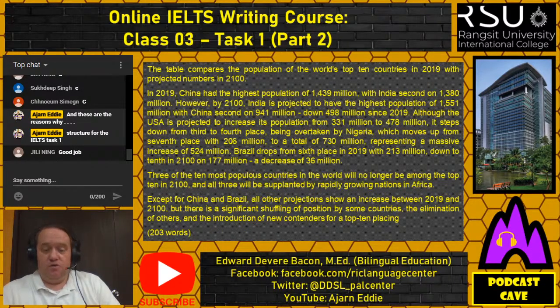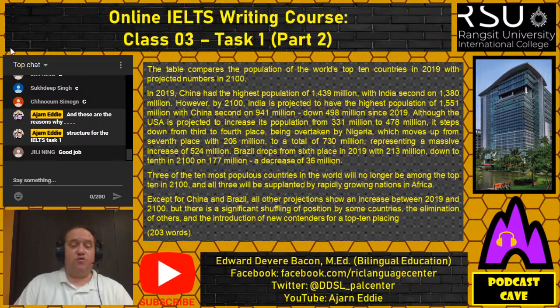All right. So the minimum is 150 words. Okay, so this would be okay. The only thing is you have to write at least the minimum. There is no max, but remember, there is a max time. So I wouldn't spend a lot of time on Task 1.